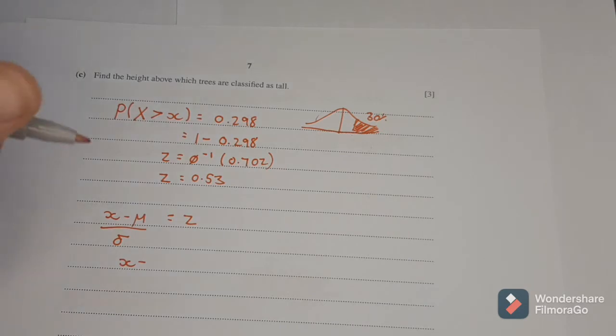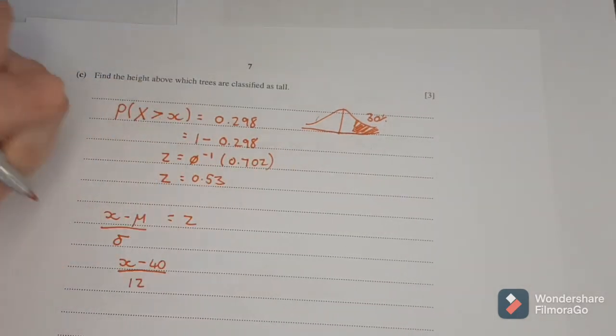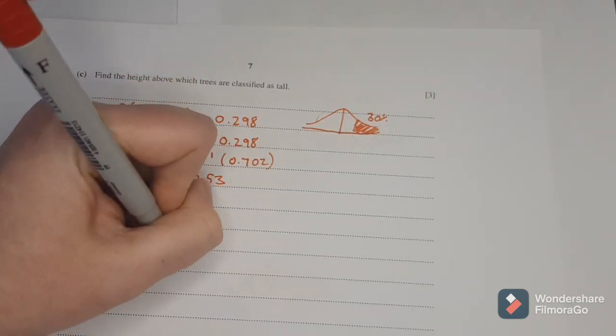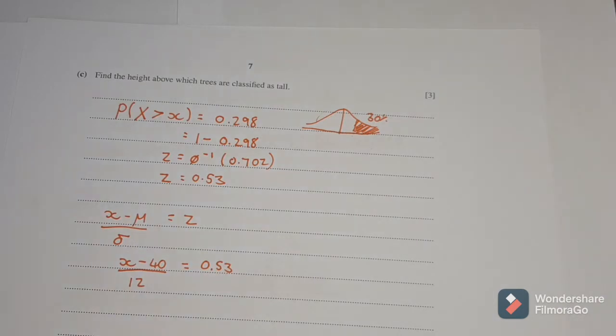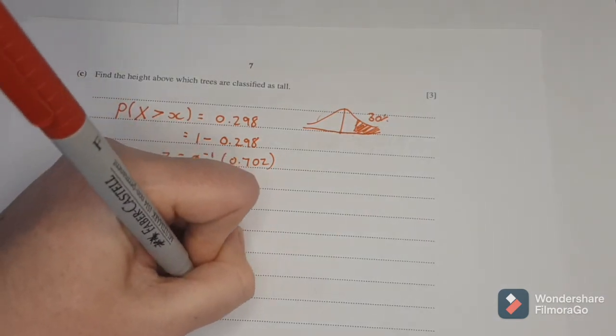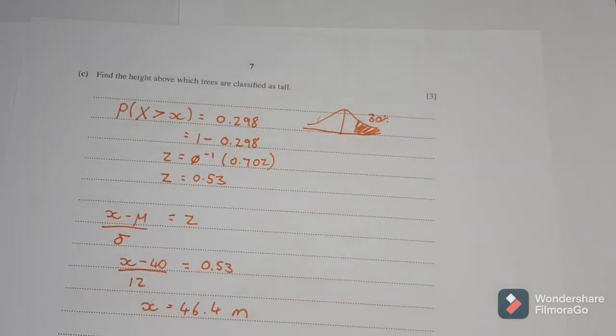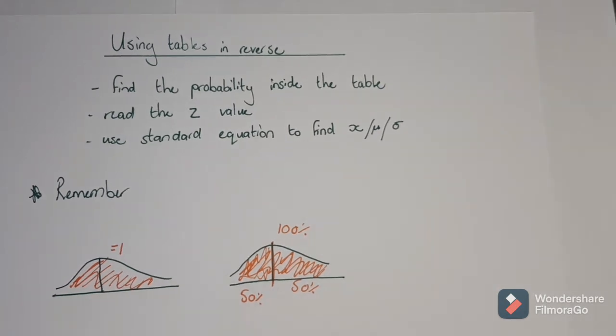So now I say x minus 40 divided by 12 equals my z of 0.53. And then I can solve for x to give me my value for the minimum amount that they can be that tall. Okay, so that is using probability to solve for an x value or unknown value.